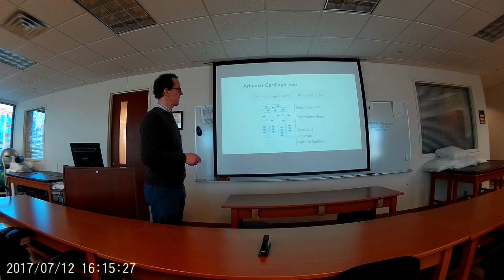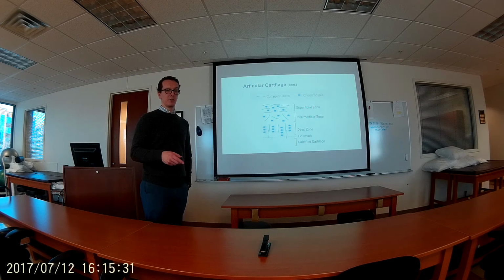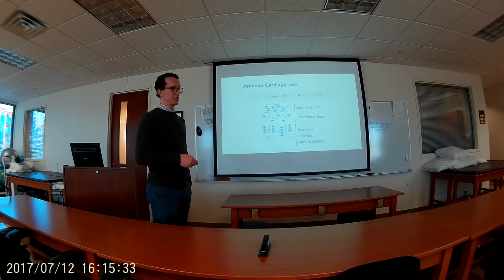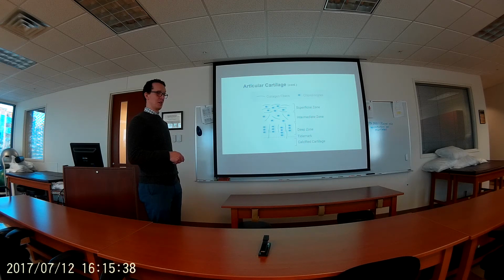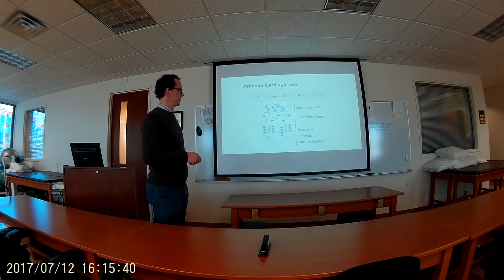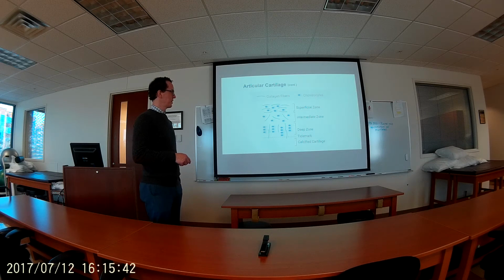And so if you think about it, the superficial and intermediate zones really can't heal themselves because they rely on diffusion in order to get their nutrients. This deep zone can heal some, but it's very difficult for it to heal because it's working on passive diffusion of nutrients from the bone in the subchondral area.